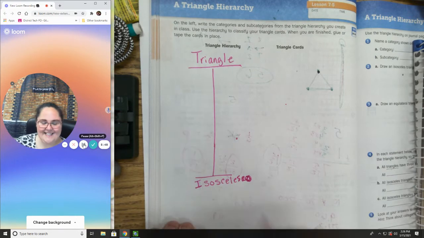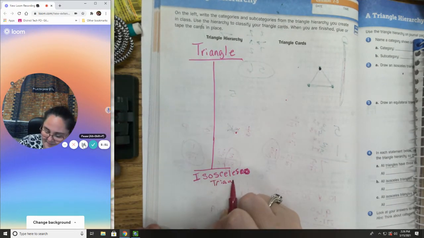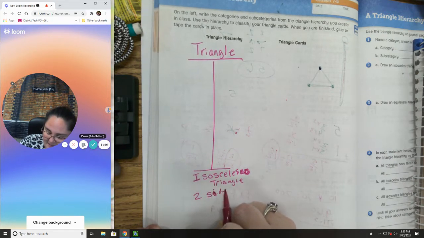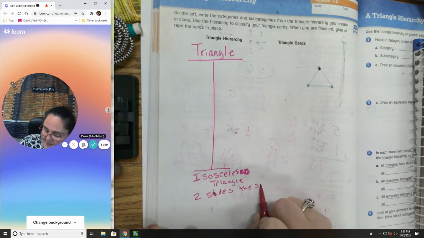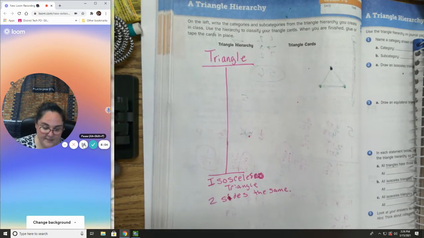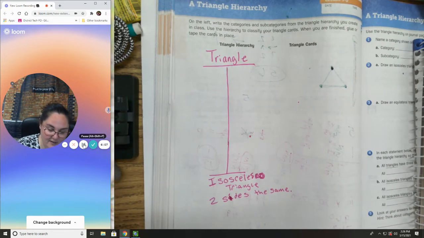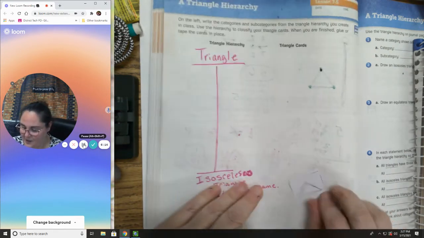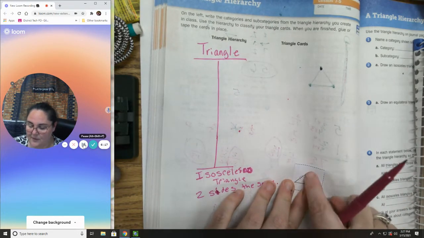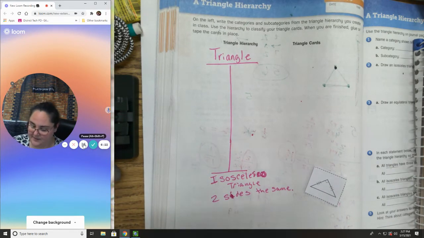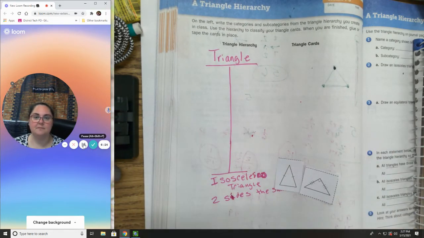There you go. An isosceles triangle. So two sides the same. Here is my example of an isosceles triangle. It's one that looks like this. Notice that this length right here and this length right here are the same. That picture would go there. This one, two side lengths are the same.